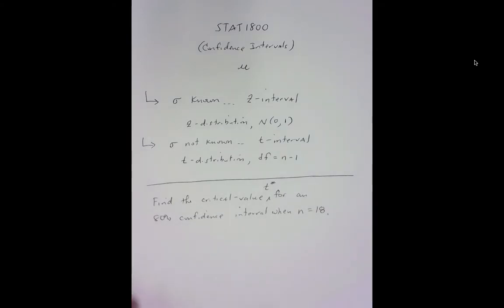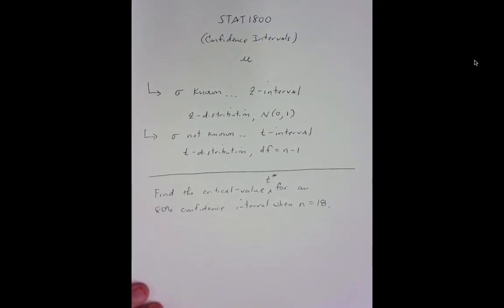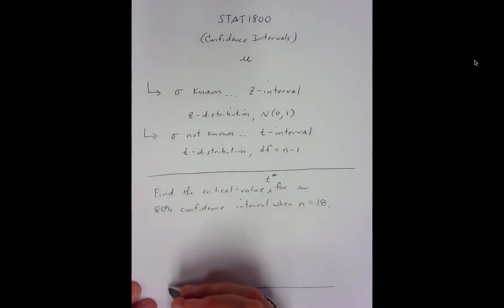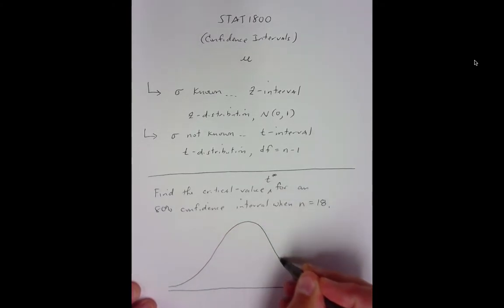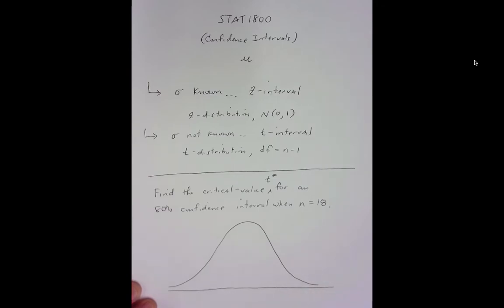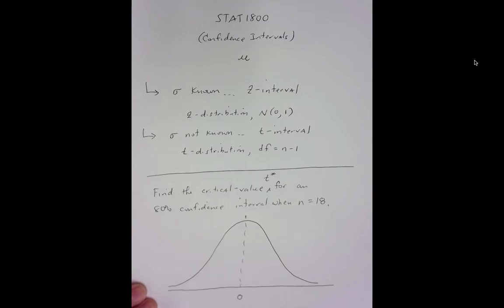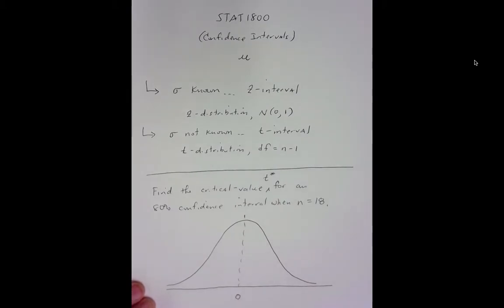Now, the way I taught this to you guys is you want to examine your distribution. Just draw some sort of normal distribution. It doesn't have to be pretty. We know that this t distribution, just like the z distribution, is centered at 0, but the variation changes based on the sample size and degrees of freedom.